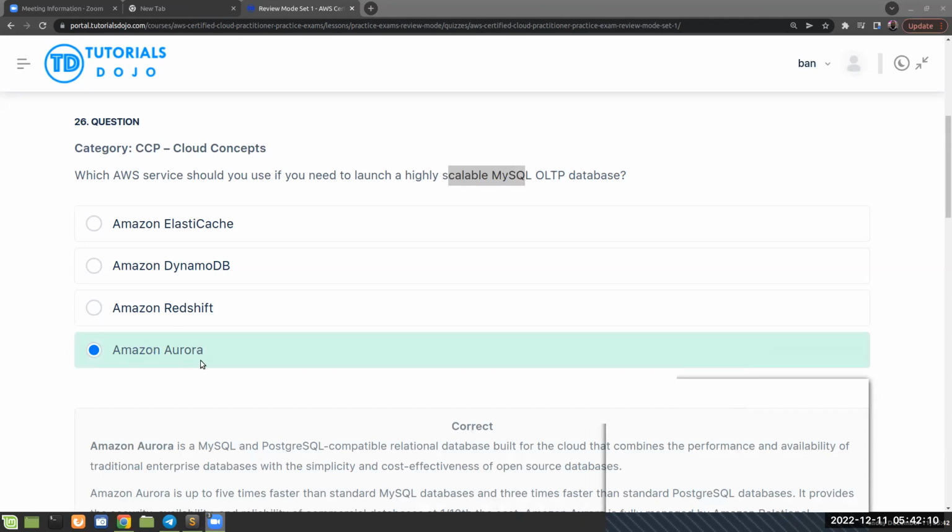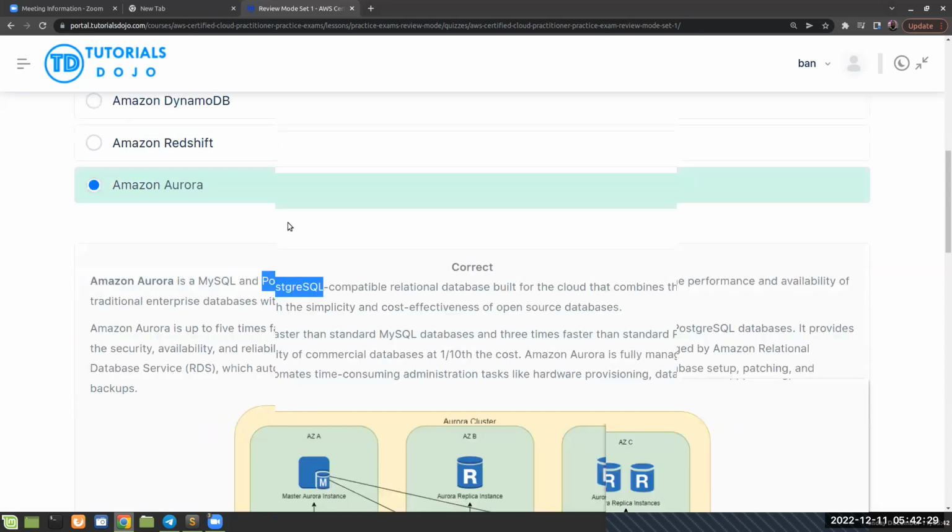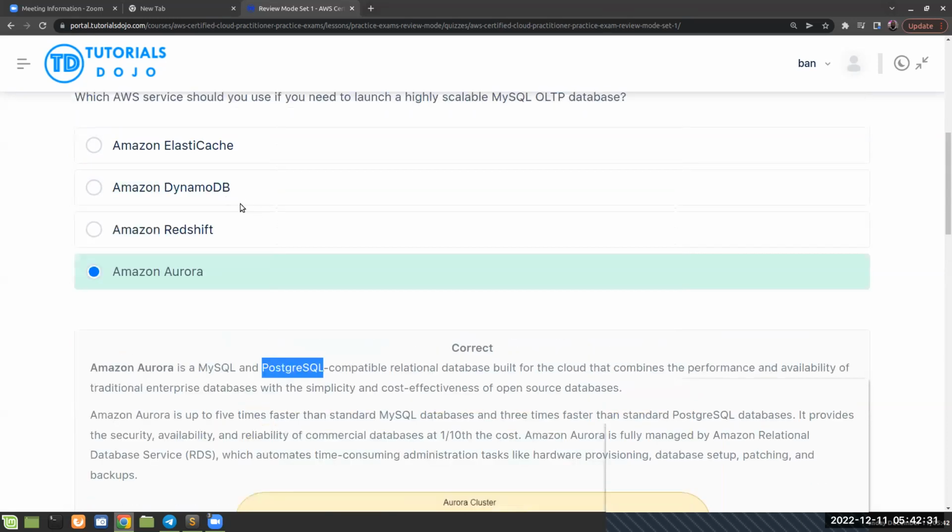Because Amazon Aurora is compatible with MySQL and PostgreSQL. Elasticcache is just an in-memory caching system used in database. So this is in-memory caching system used by Amazon RDS database. Of course, DynamoDB is not SQL.